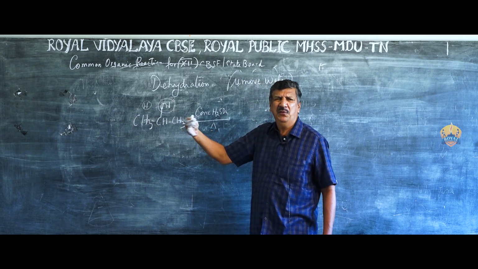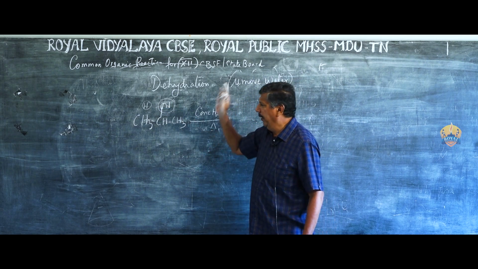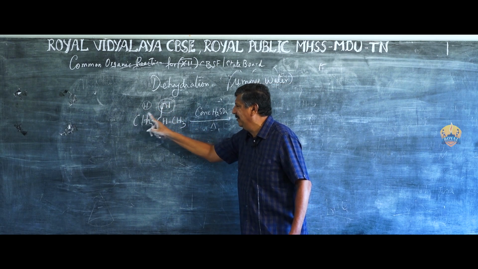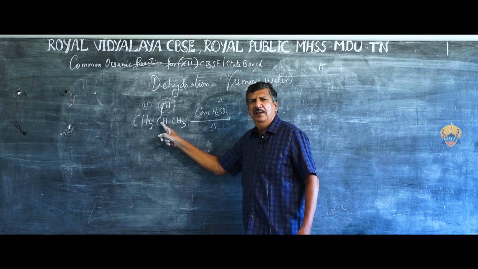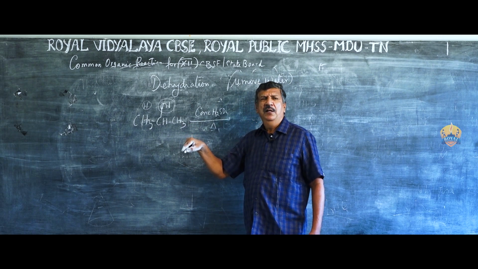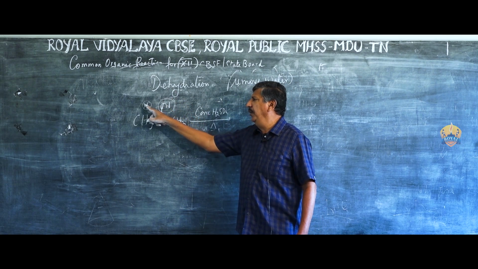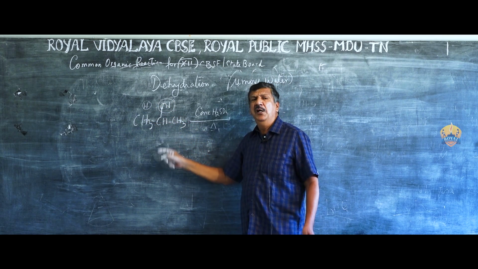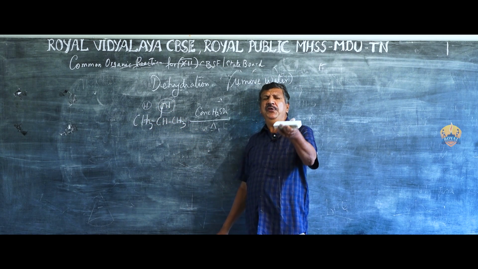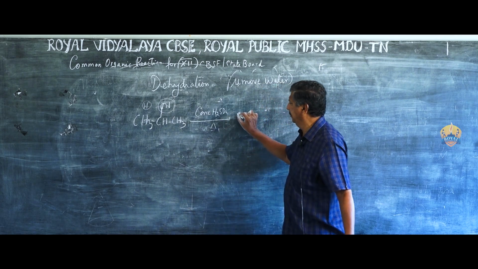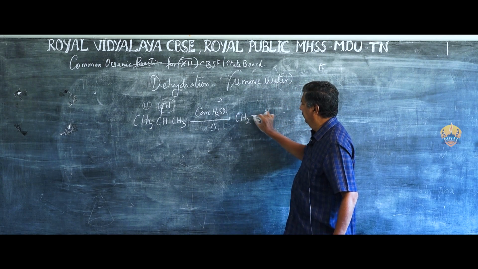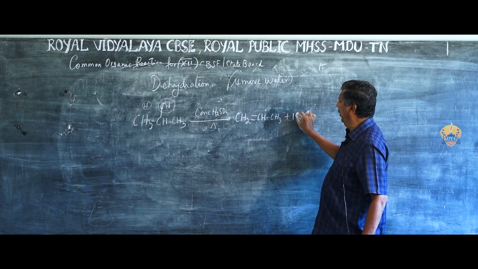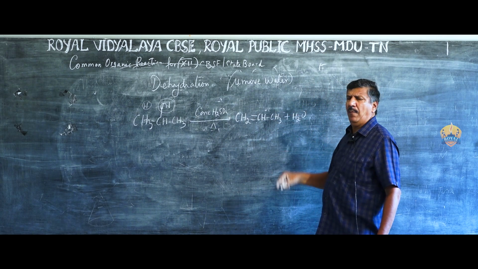What is the basic rule in organic chemistry? Whenever you remove any two groups from adjacent carbons, again I am repeating, whenever you remove any two groups from adjacent carbons, you should automatically introduce a double bond. That's all. This is a technique. You introduce a double bond.